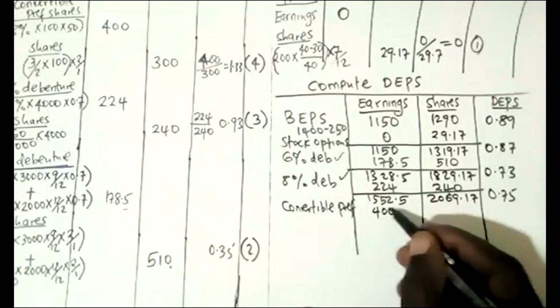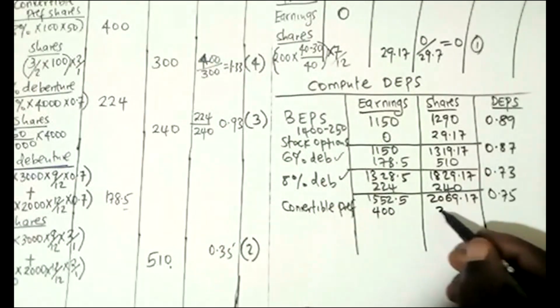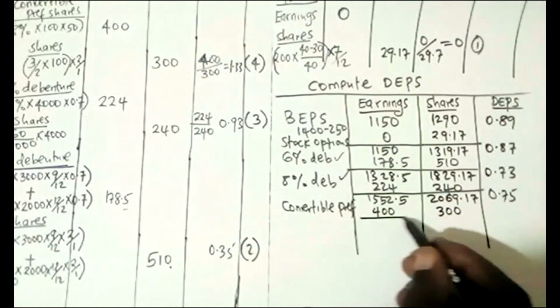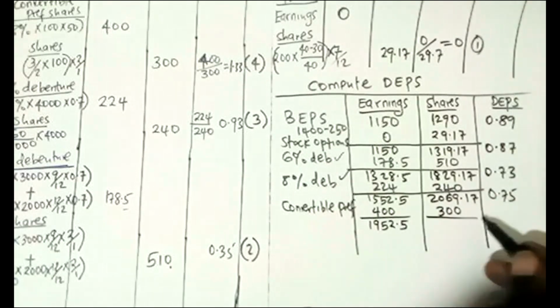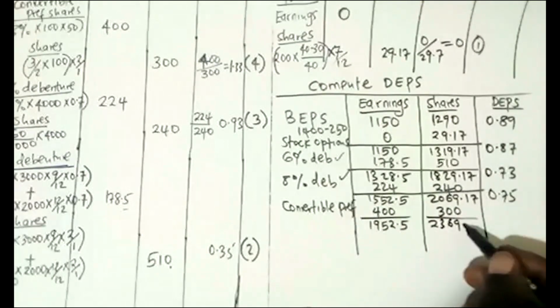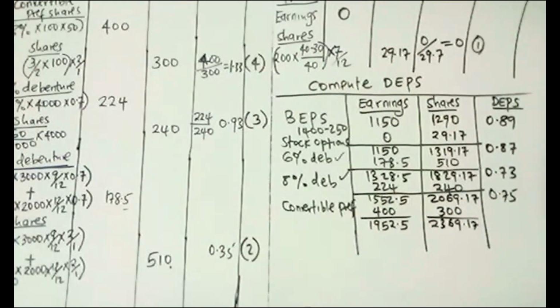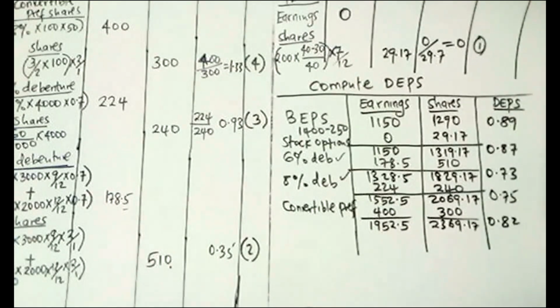So we have here 400 and we have 300. So this is 1952.5 and this is 2369.17. 1952.5 divided by 2369.17, 0.82.